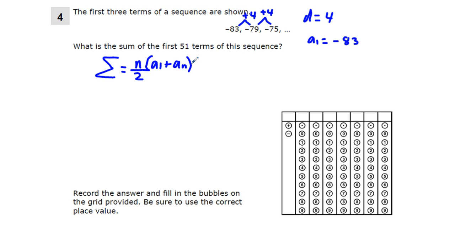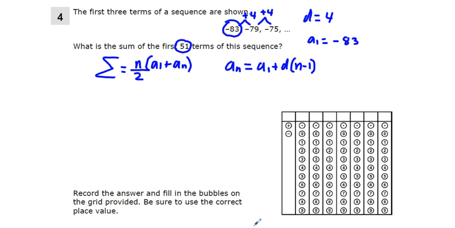And already we have n is 51, we have a sub 1 is negative 83. We need to have a sub 51. So the formula for that is a sub n equals a sub 1 plus our common difference times quantity n minus 1.